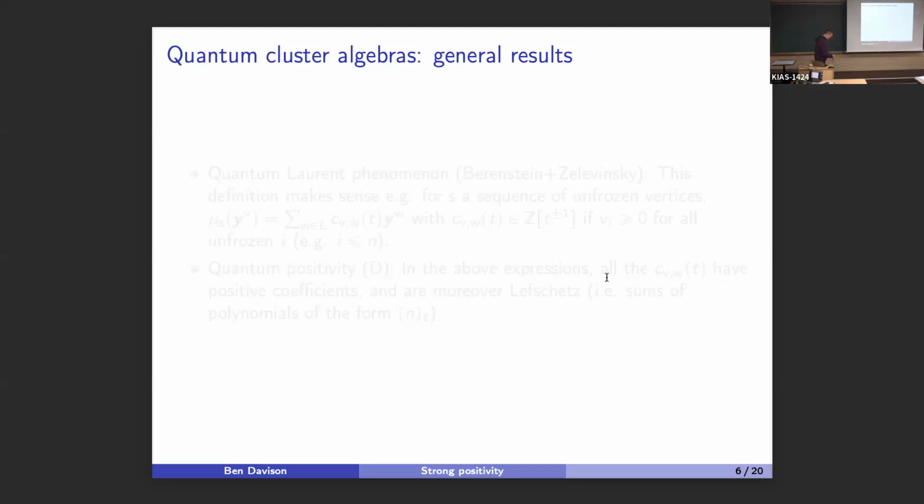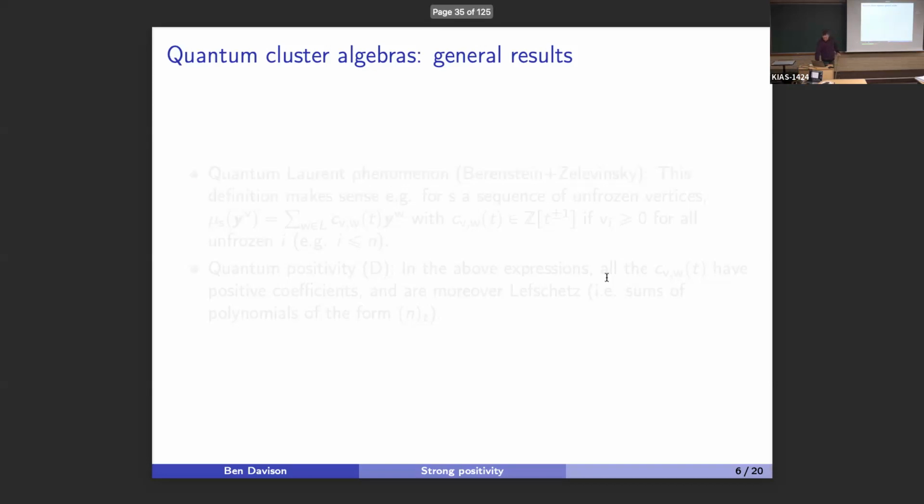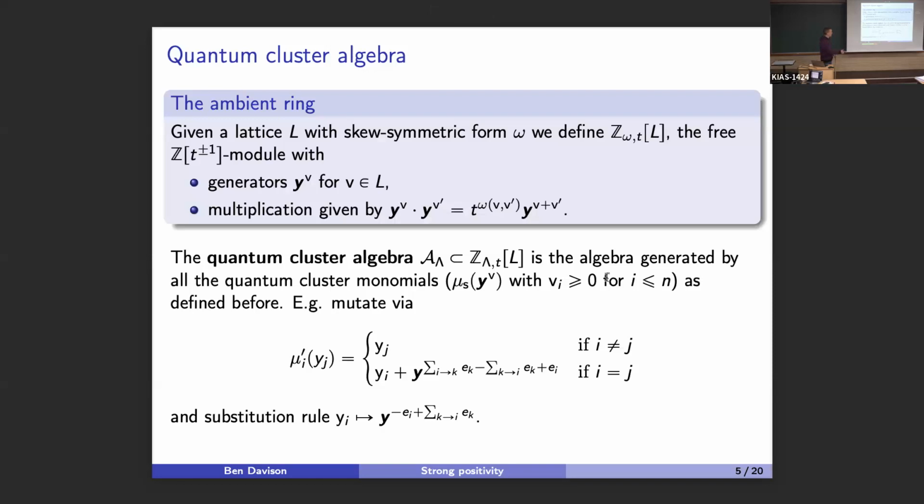So just as I had a board of general results for general cluster algebras, I'm going to give you an analogous board, but with some different names for quantum cluster algebras. So again, the first thing you have to check is that this definition makes sense. Here, again, we've got this minus here. If we're just doing a single cluster mutation, it's no big deal. This thing is a monomial in this ring, and no harm done.